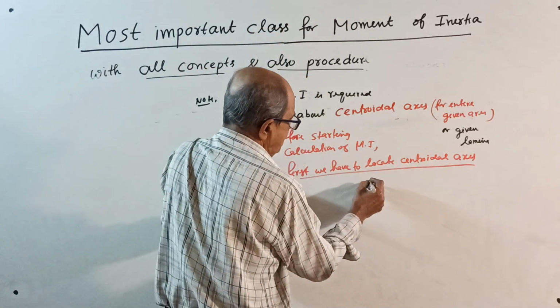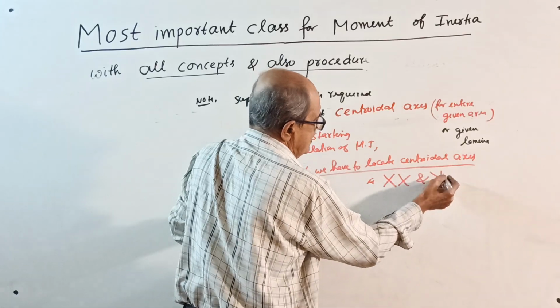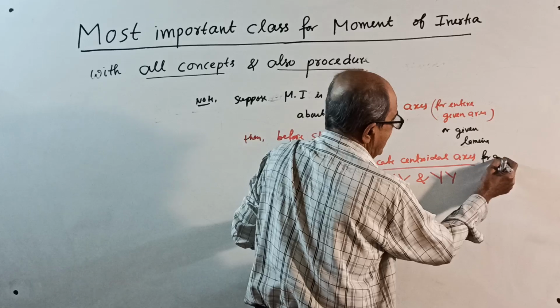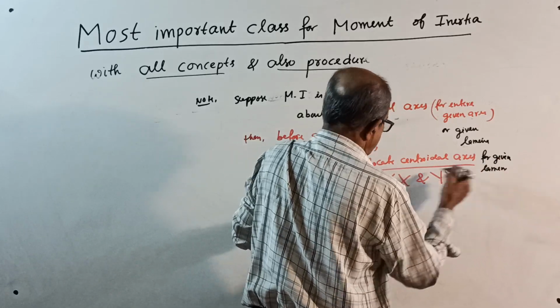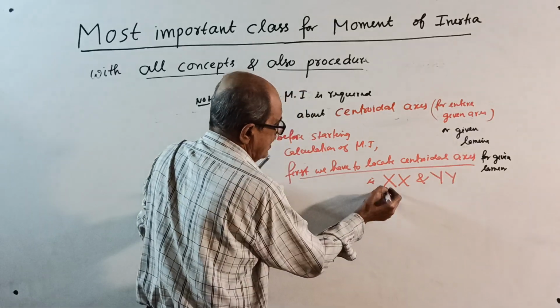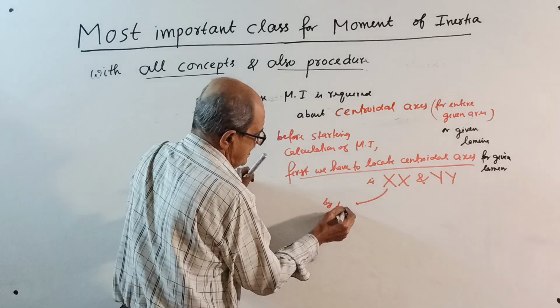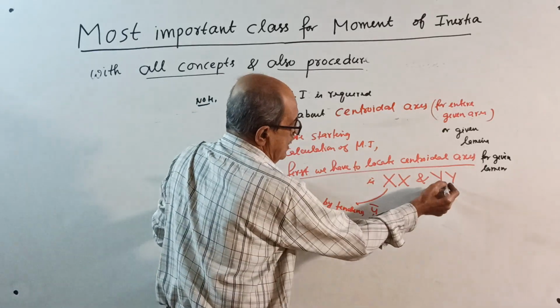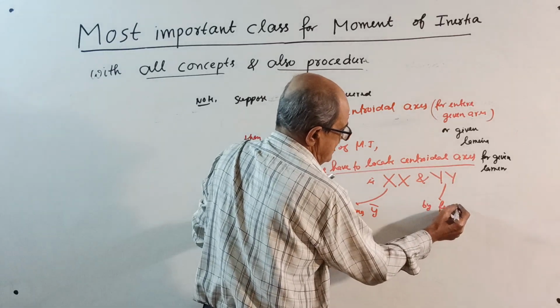That is popularly called XX and YY axis for the given lamina. Remember, XX axis is by finding Y bar and YY axis by finding X bar.